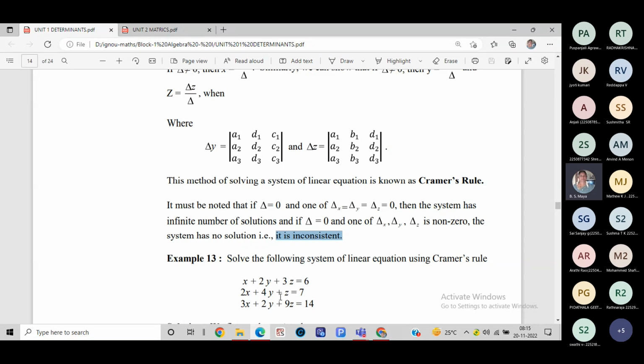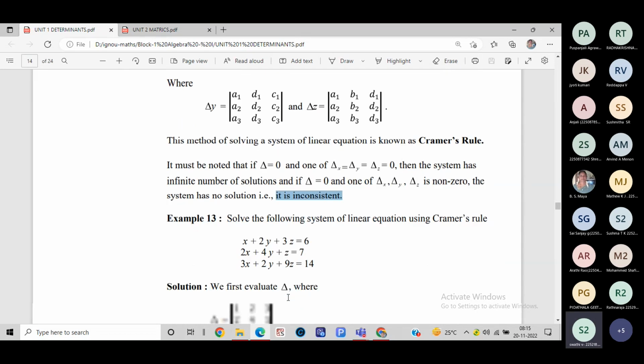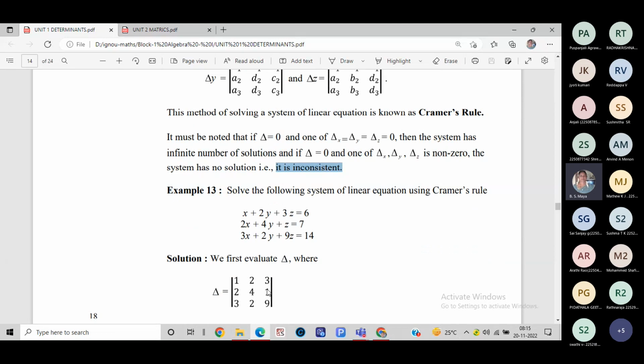Yes, minus 20. Very good. So now we got delta, right? See, this is the representation of the delta.